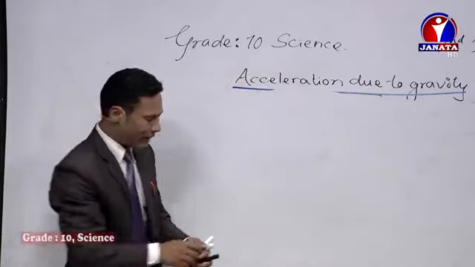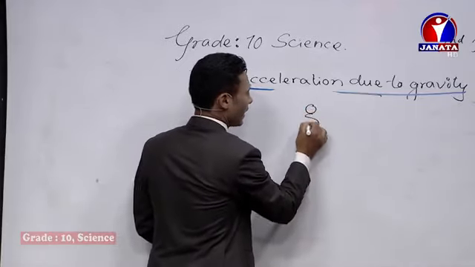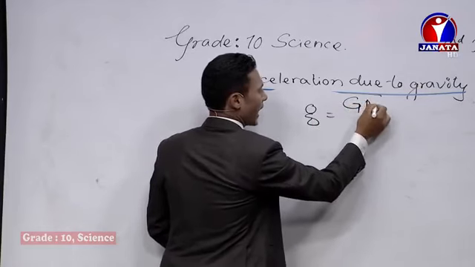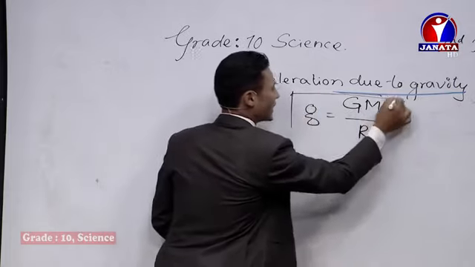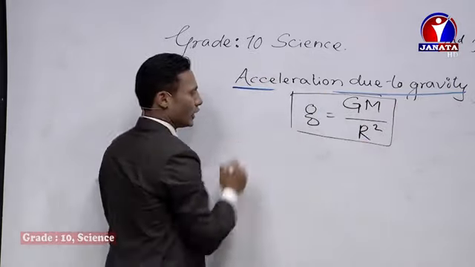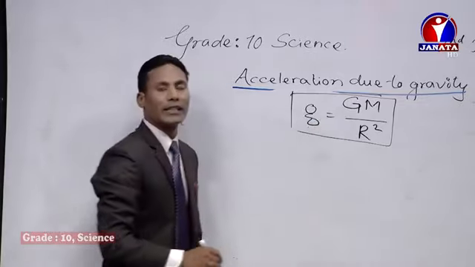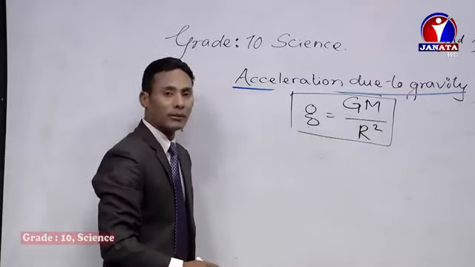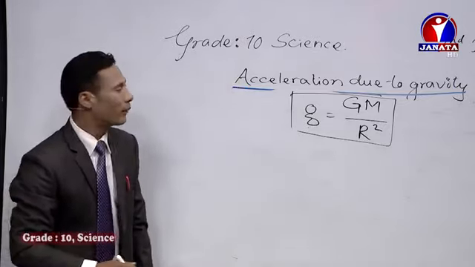So we have derived this relation also, that acceleration due to gravity g is equal to GM by r square, right? We have done this derivation previously also, where small g is acceleration due to gravity, capital G is the gravitational constant, M is the mass of the heavenly body, and r is the radius of the heavenly body.